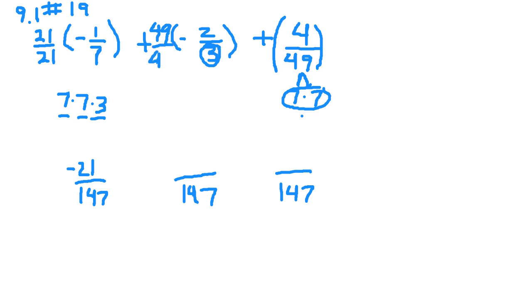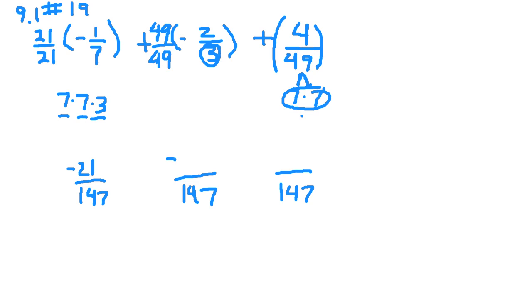So that's what we have to multiply times the numerator and the denominator. So in the denominator, we've got 147. In the numerator, we have 49 times negative 2. Positive times negative is always a negative, so we'll have a negative 98 here.